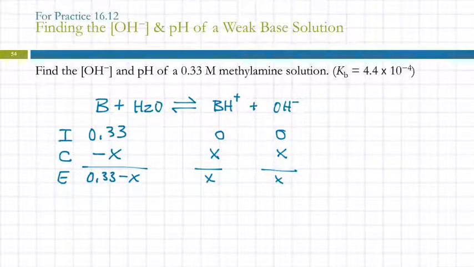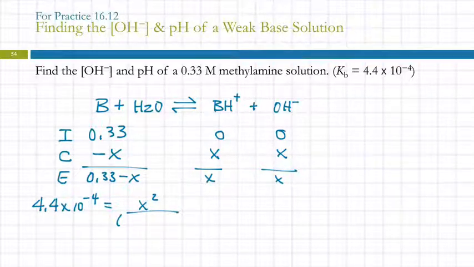So the base ionization constant, 4.4 times 10 to the minus 4, equals those products, x and x, which is x squared, divided by 0.33 minus x. This is a fairly small Kb, so we'll try the x is small approximation.